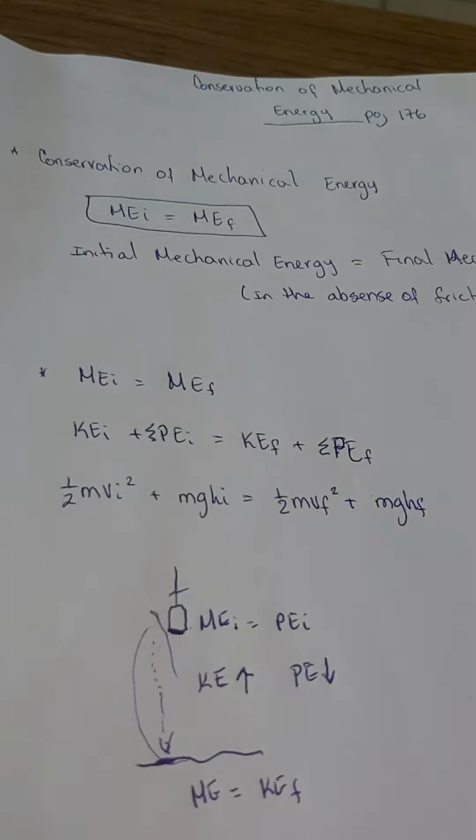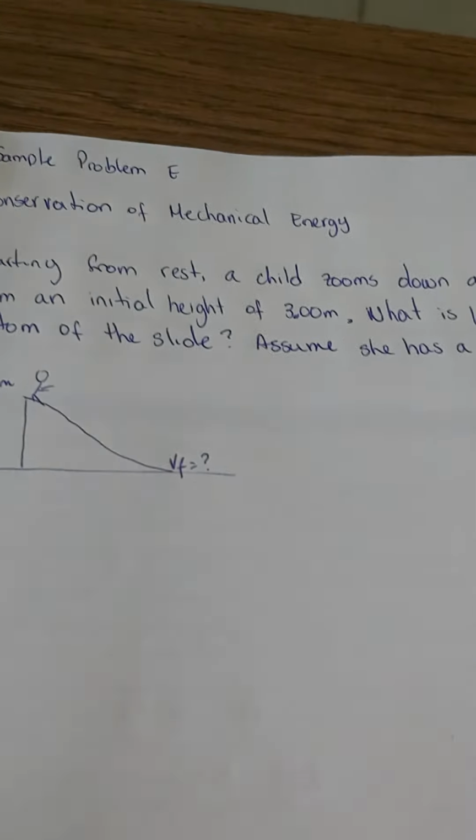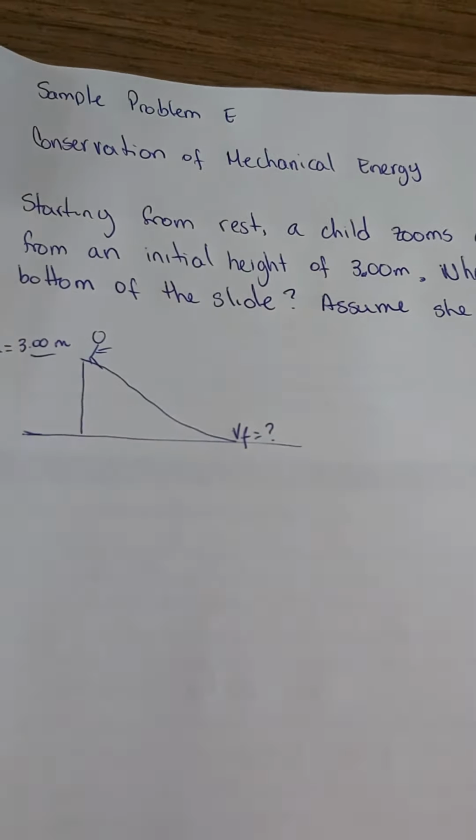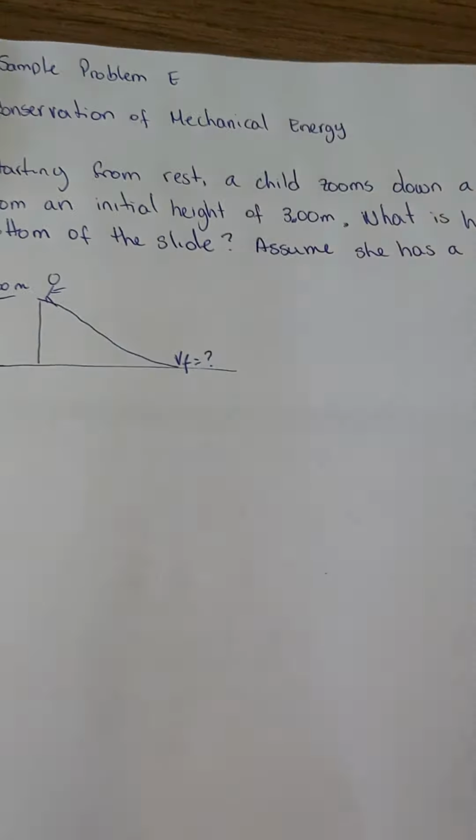So if we look at example problem E, it says, starting from rest, a child zooms down a frictionless slide from an initial height of 3 meters. What is her speed at the bottom of the slide? Assume that she has a mass of 25 kilograms. So we have a child, this is the slide, and we have an initial height of 3 meters.